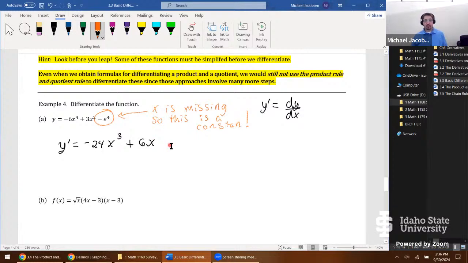Because it's a constant, it goes to 0 in the derivative. Let's write it down here just to really emphasize that. And so our derivative y prime is equal to negative 24x cubed plus 6x. So that's our derivative there. Any questions at all, folks, on running through that one?